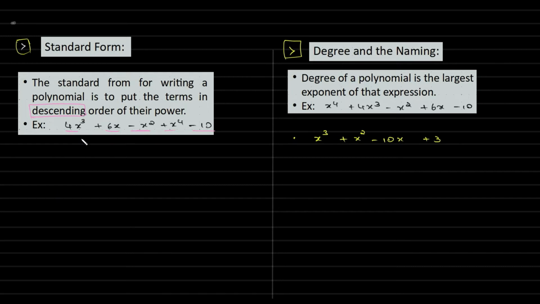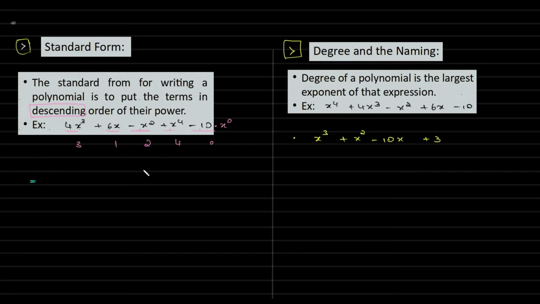The first term has a power of 3. The second term over here has a power of 1. This is 2, this is 4, and this is by default 0. The power is 0. That is, minus 10 can be written as minus 10 into x to the power of 0. Okay, so how do we write this in a standard form?